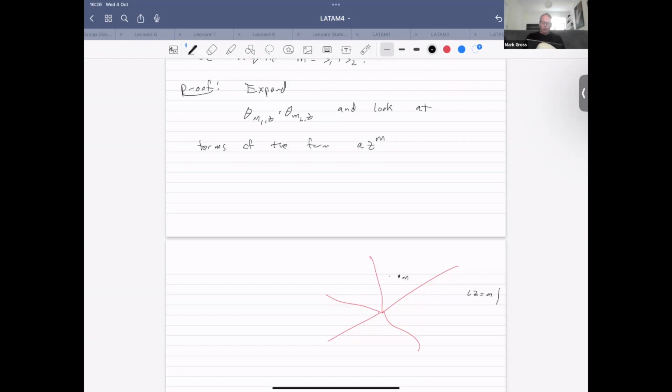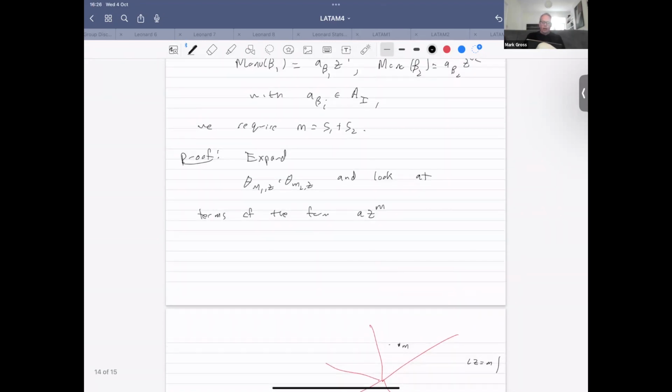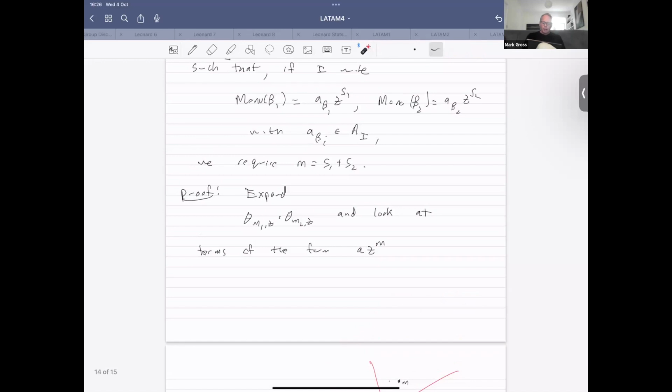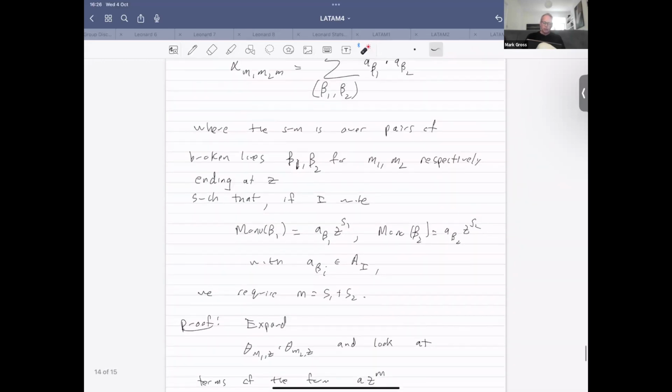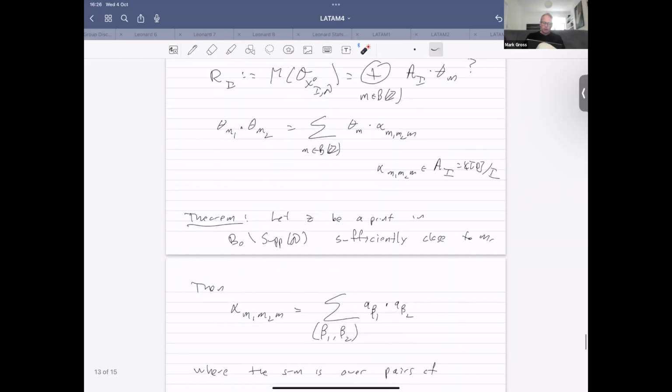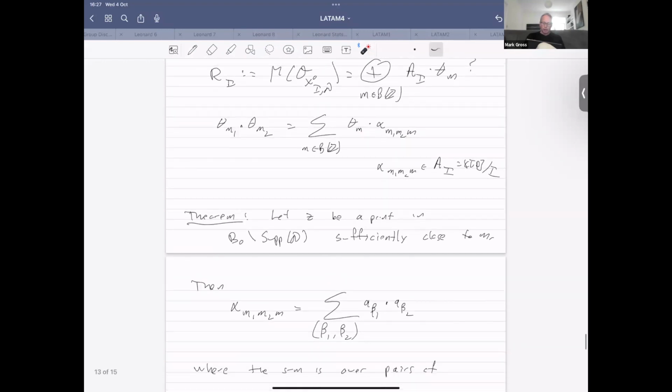Now we look at terms of the form a z to the n. How can such a term arise? If you look at this expression here, I could just as well expand this right-hand side in terms of broken lines too, or in terms of the theta n at the point z.